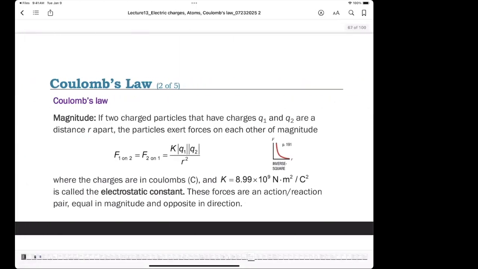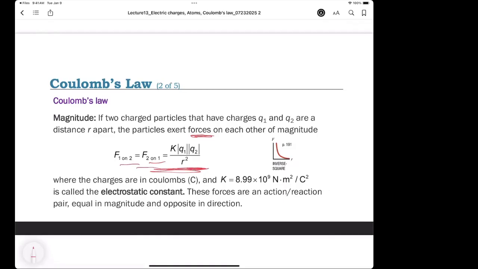If two charged particles that have charges Q1 and Q2 are a distance r apart, the particles exert forces on each other of magnitude that can be represented with these equations, where the charges are in coulombs. The k in this equation is a fixed constant.